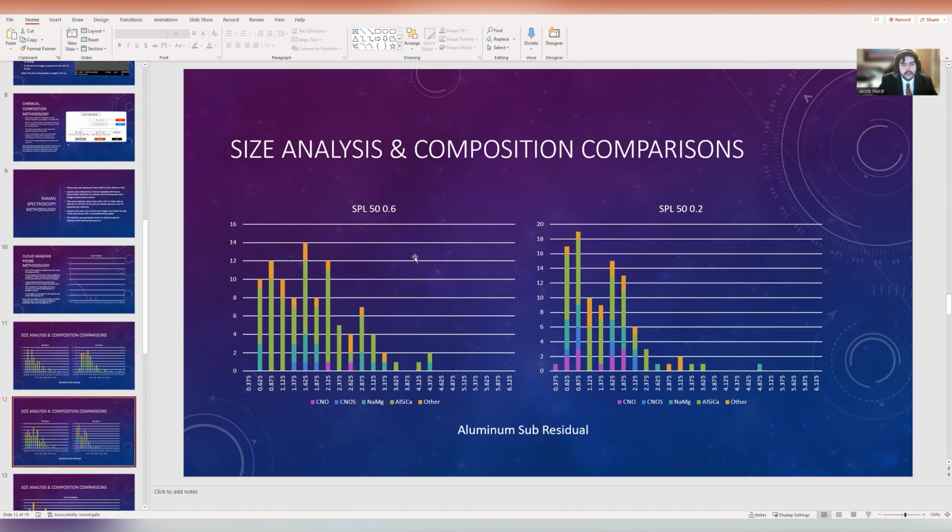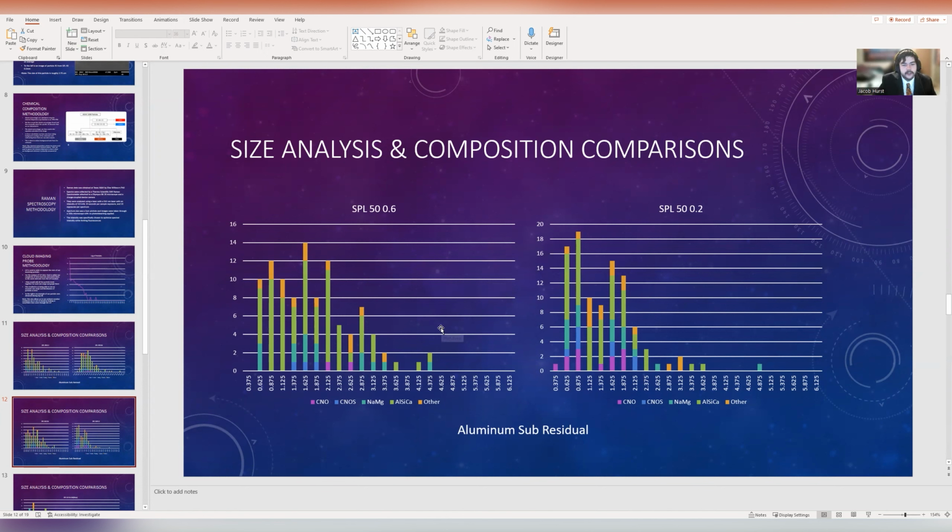On this one, it also follows a trend. I guess I just put these graphs on backwards somehow, but this is 0.2 here and 0.6 here now. Once again, we see a higher concentration of smaller particles over here at the 0.2, which is always good to help us confirm what we are seeing.